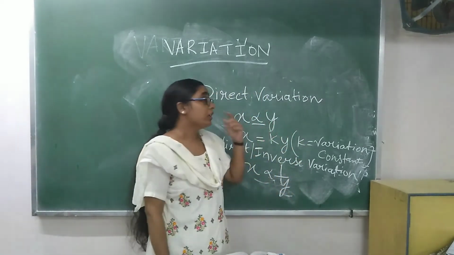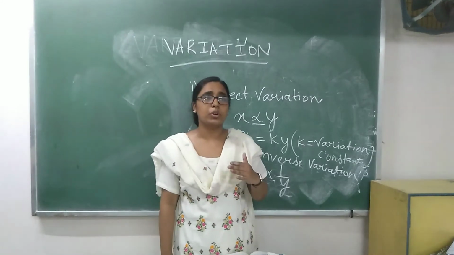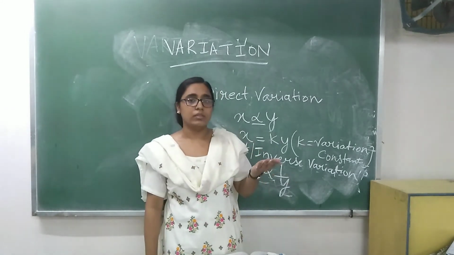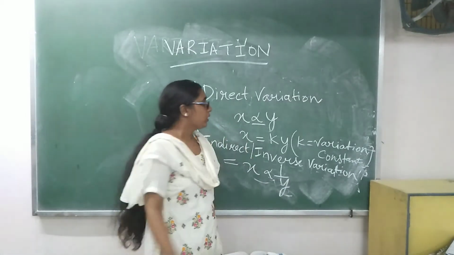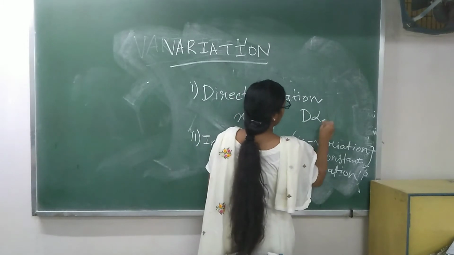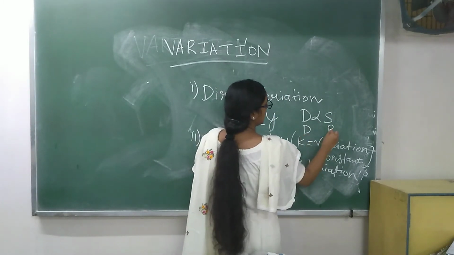For the other type, you can take the relationship between distance and time. Suppose that you are going from Dharamtala to Sialda, and from Dharamtala to Raza Bazar.